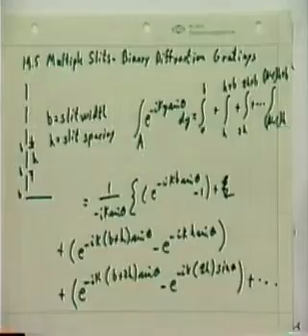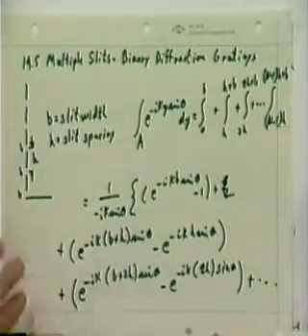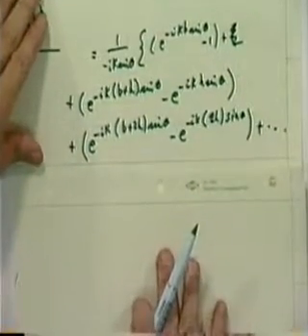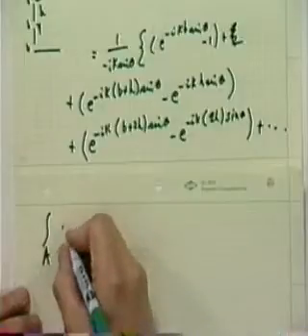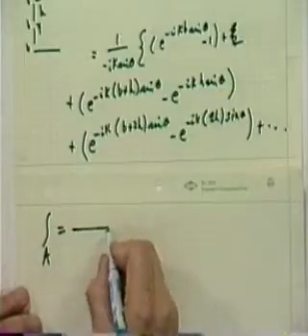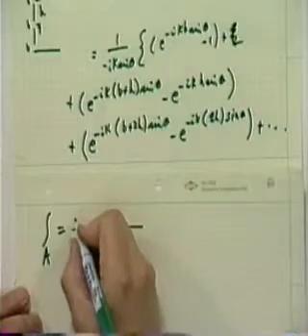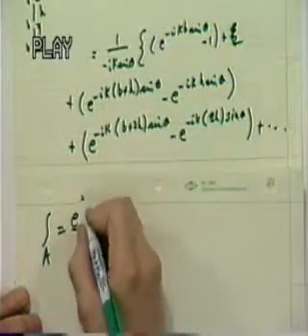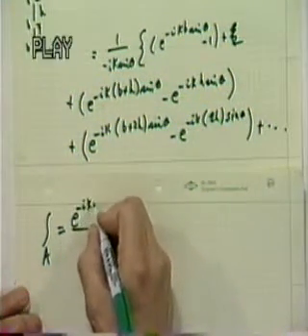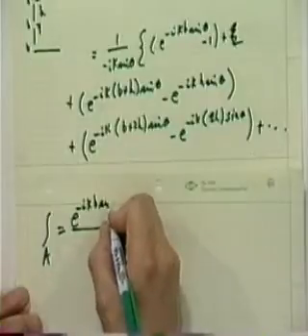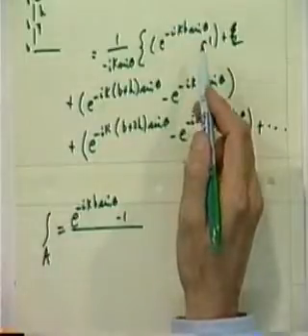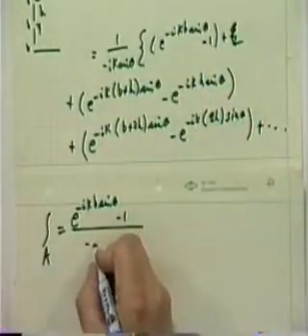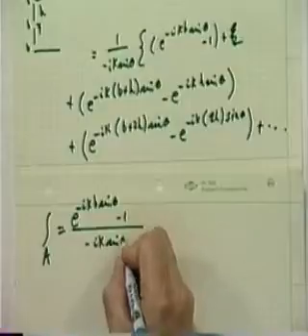And we can factor out some terms, common terms in all of these expressions. And we get then this integral over the aperture. Upstairs we could factor out an e to the minus ik b sine theta minus 1, and downstairs we have a minus ik sine theta.